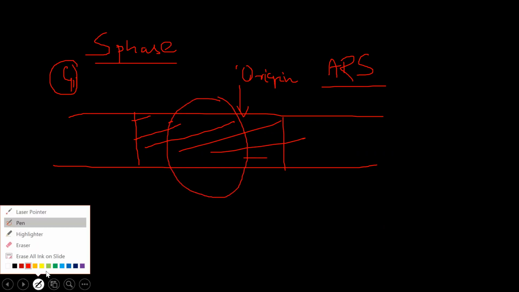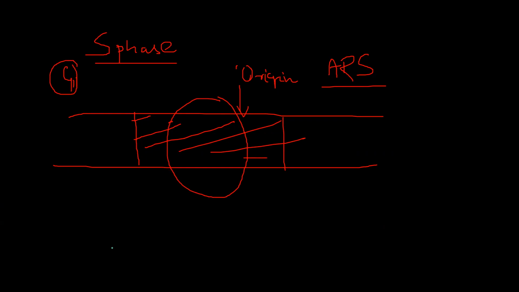After loading of the origin recognition complex, there will be loading of MCM2-7, and then loading of CDT1 and CDC6 at this particular site.